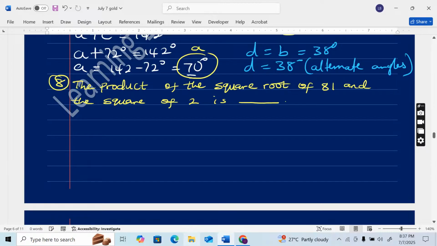So we have to find the product of the square root of 81 and the square of 2.